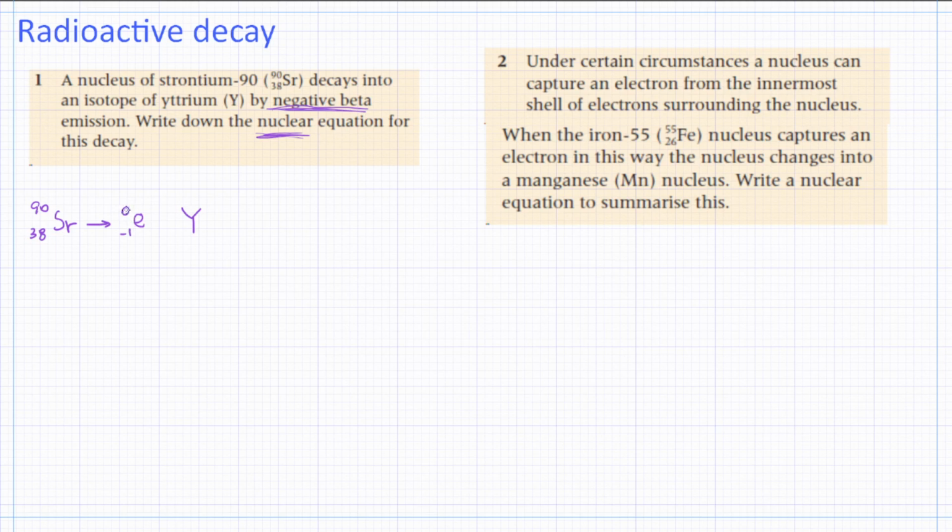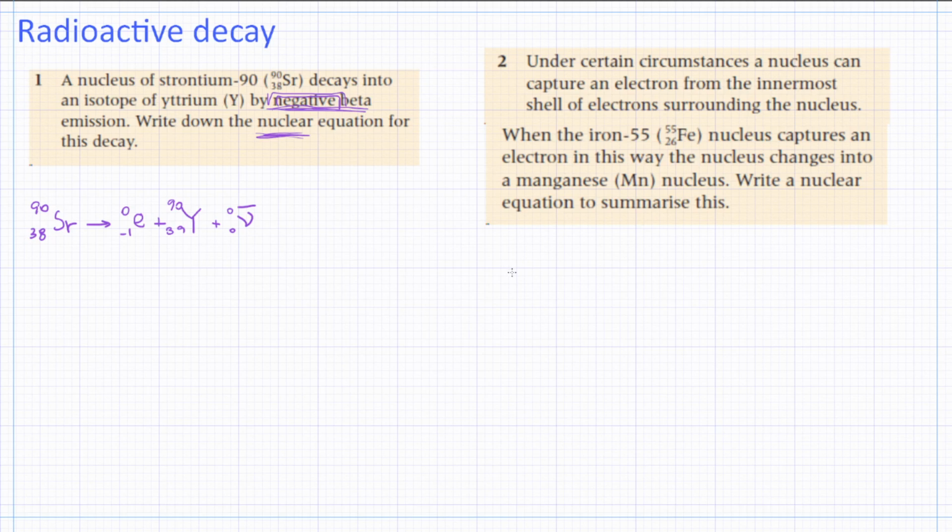An electron has virtually no mass and a negative charge. Remember, negative beta means the charge will be negative. For positive beta, the charge would be positive. And we cannot forget about our anti-neutrino. You don't have to put those zeros, but I always do. And here, yttrium 90 and 38. To be consistent, you would need 39 and minus 1.